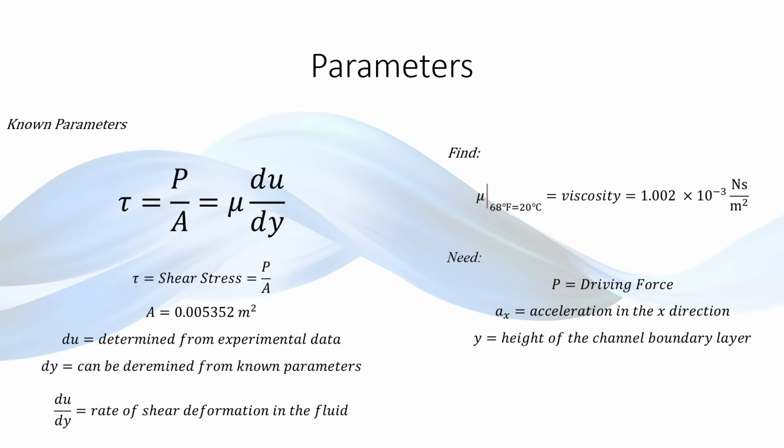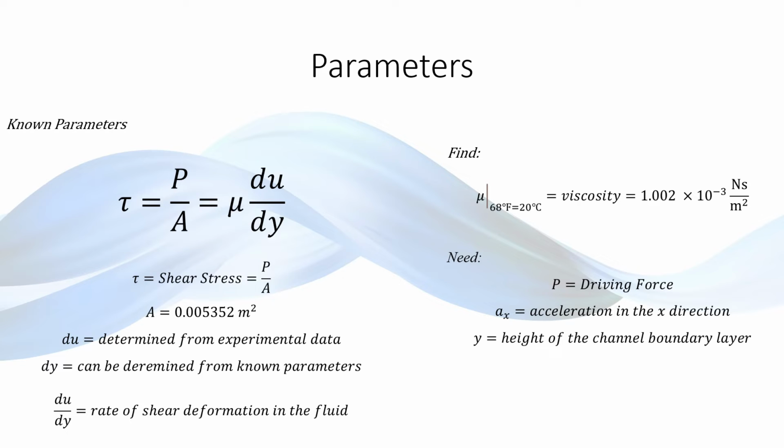For instance, we have the shear stress, which we know is defined as a force per unit area. The area we know because it is the area where the fluid is in contact with the surface. We know that the velocity gradient is constant, and du over dy can be approximated as u over y, which is the velocity over the height.